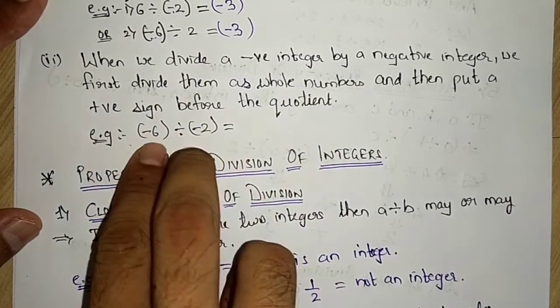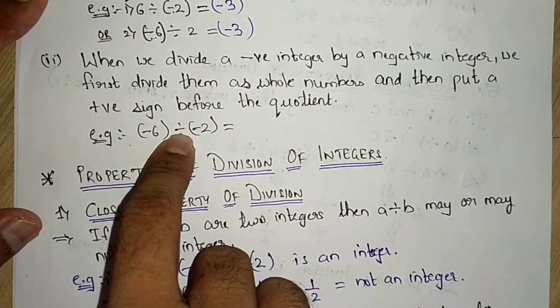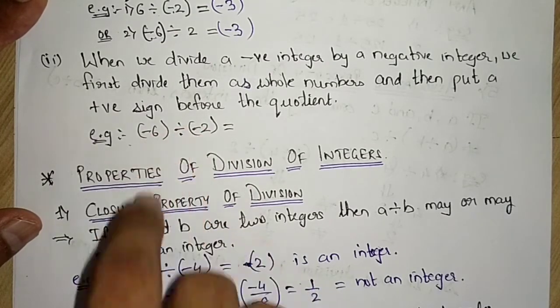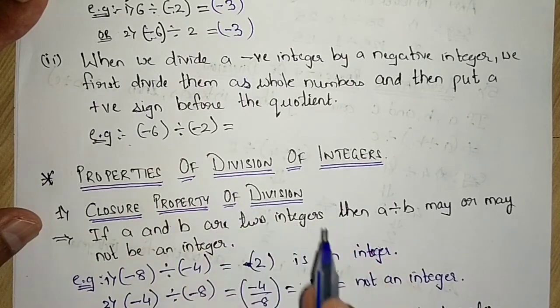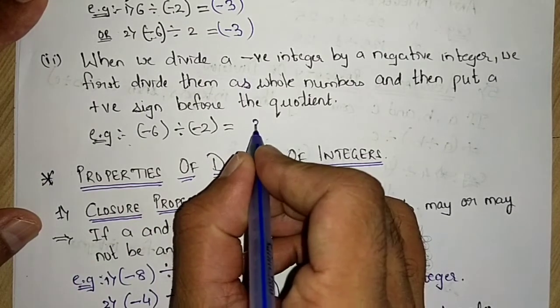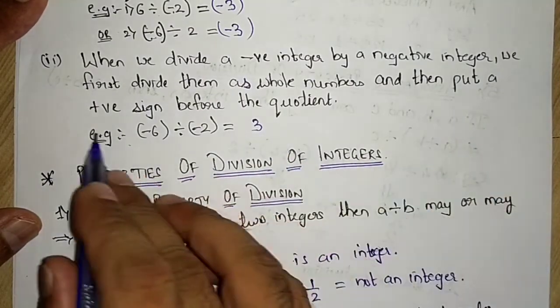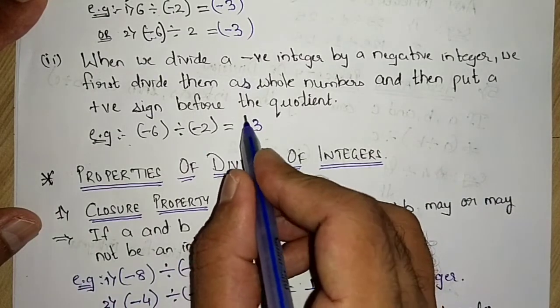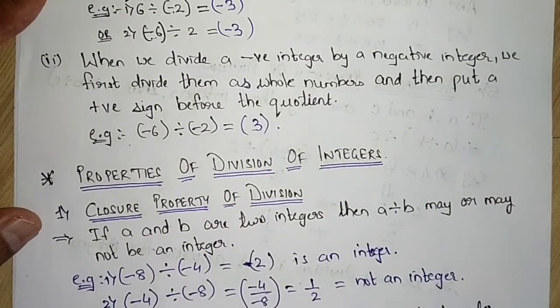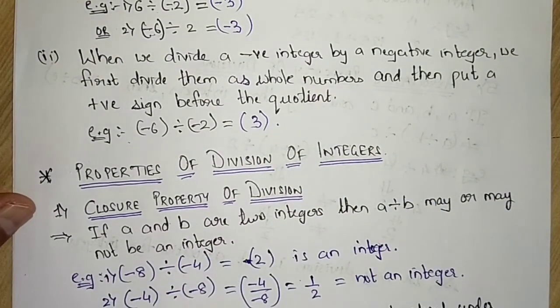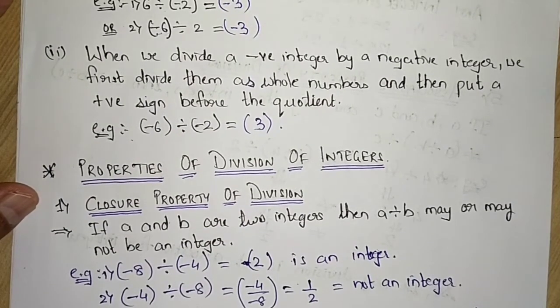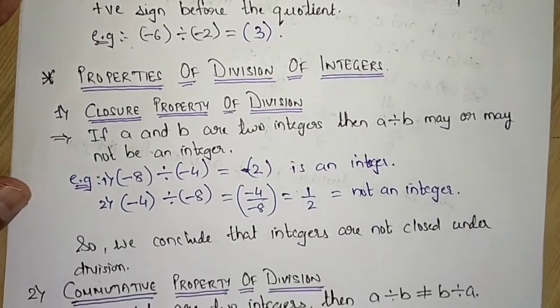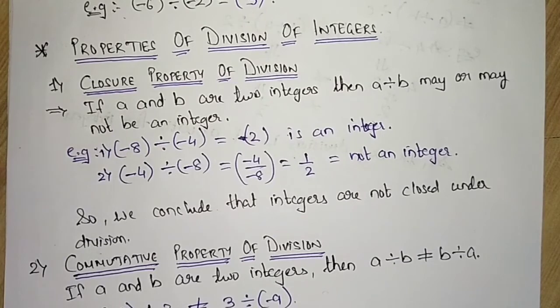We divide as whole numbers, that is 6 divided by 2 is 3. We write 3 and then put a positive sign, but a positive sign we generally don't put, so we will write 3 only.